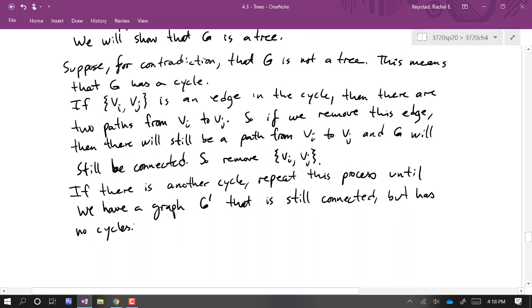So in this process, we didn't remove any vertices. So G prime still has V vertices. But we did remove some edges, so there's a different number of edges. We'll say it has E prime edges. G prime is a tree because there's no cycles and we knew it was still connected.